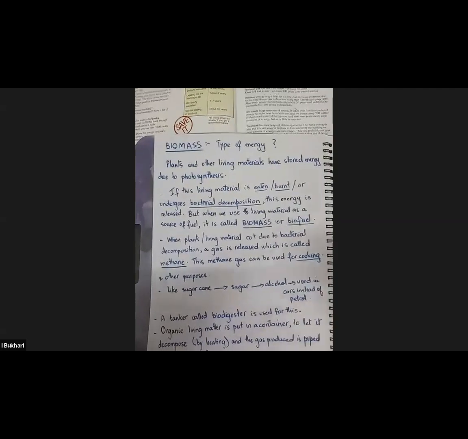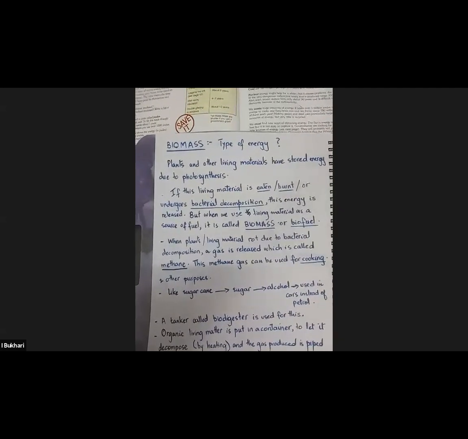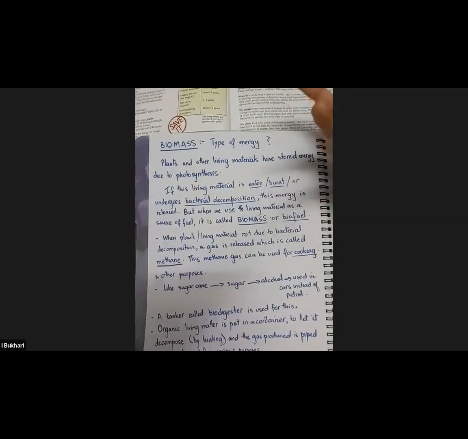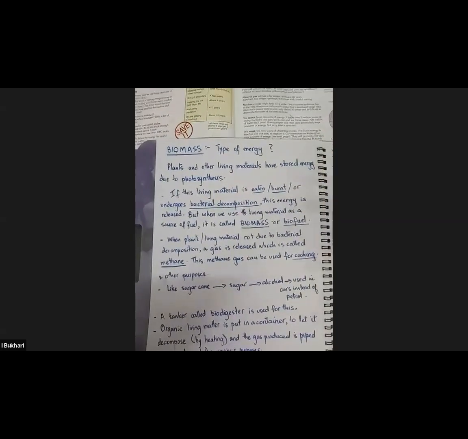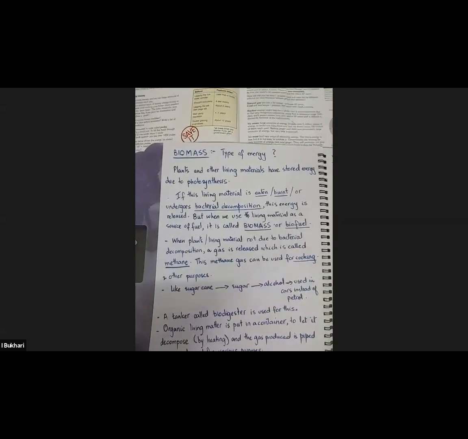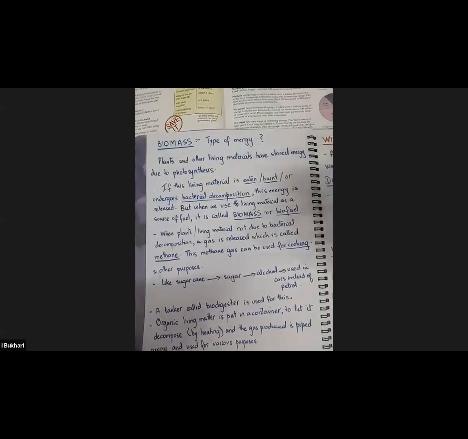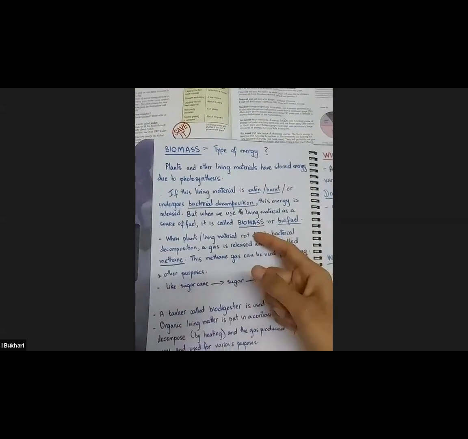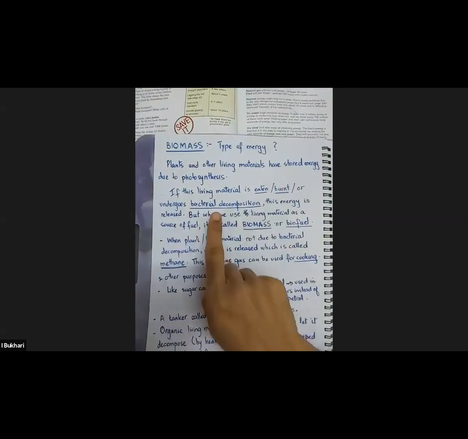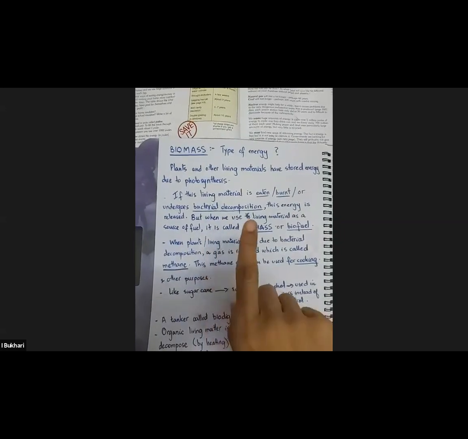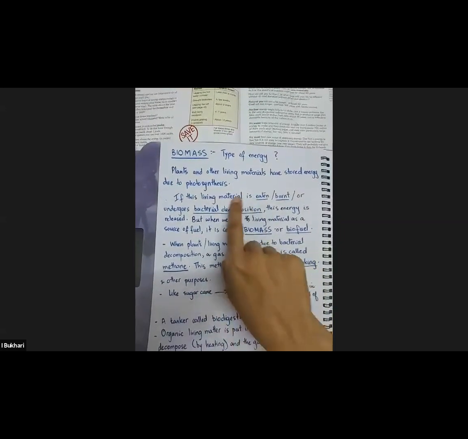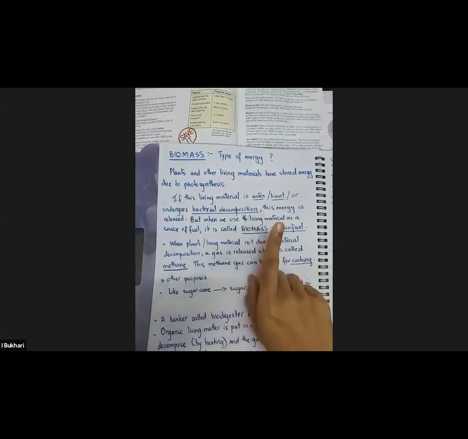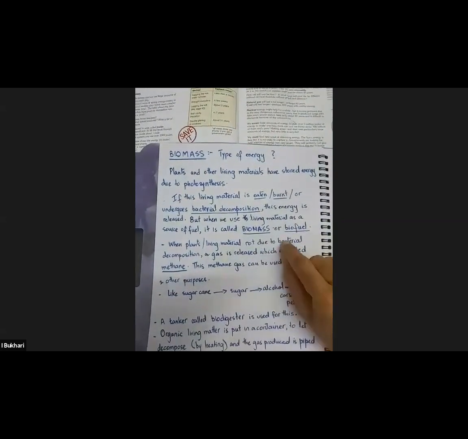And when we burn wood, that energy is released in the form of fire and heat, converted into light, sound and thermal energy. So biomass is when we use those living materials as a source of energy, and we use the process of bacterial decomposition. So we can call it biofuel.